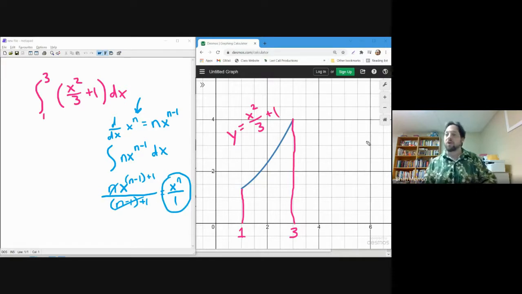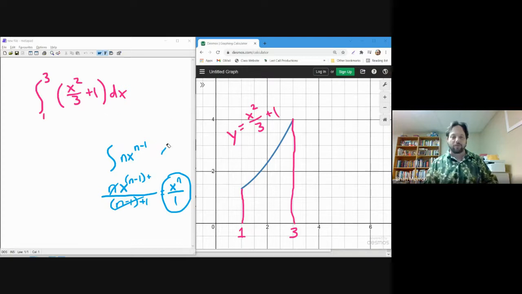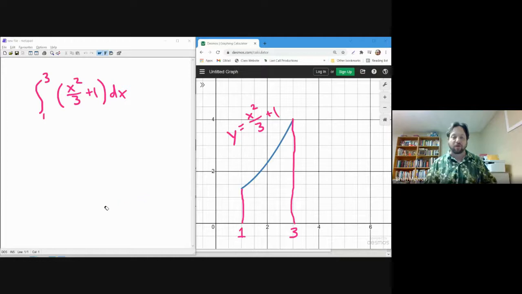All right, so that's the theory behind it, of course. But if we want to look at it in practice, let's take a look at the actual antiderivative of x squared over 3 plus 1. I'm going to suggest that it's not really that bad. In fact, it's going to go like this. X squared is going to turn into x cubed.